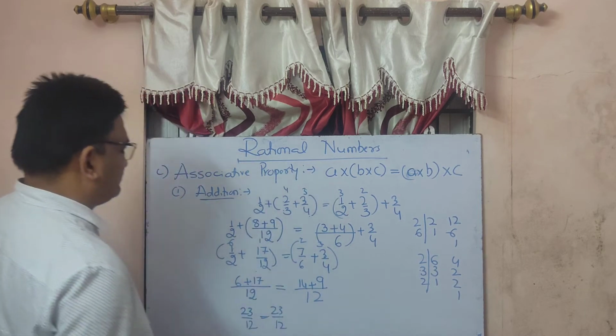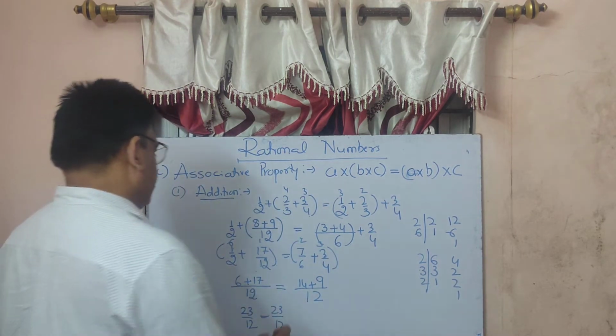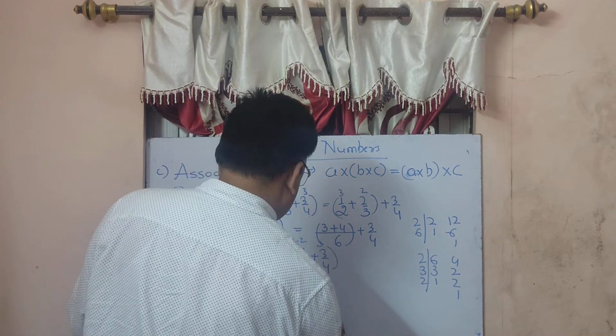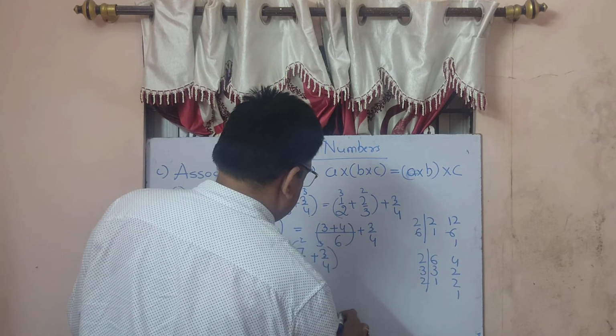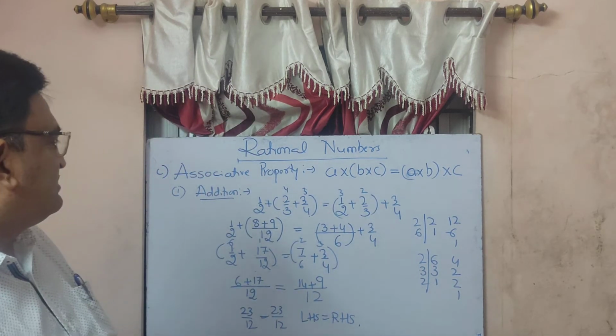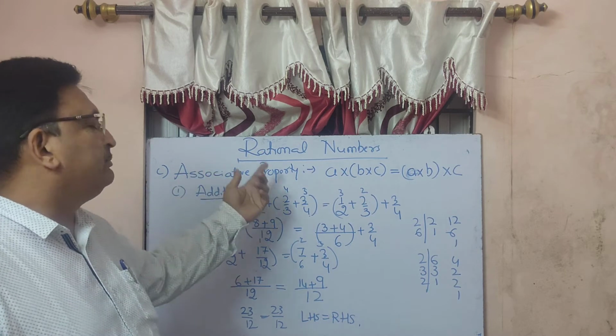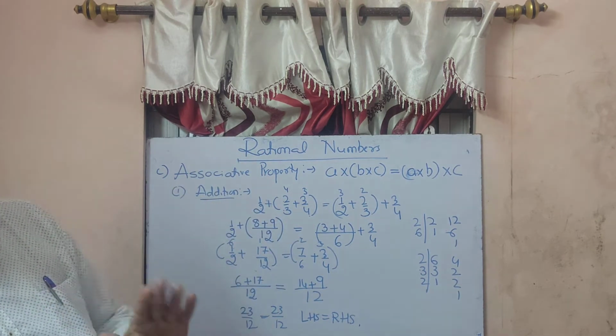So what does it show? It shows LHS equal to RHS. What does it mean? It means for addition, associative property holds.